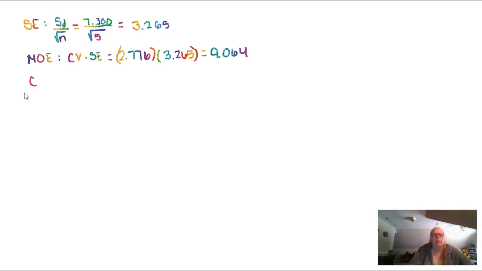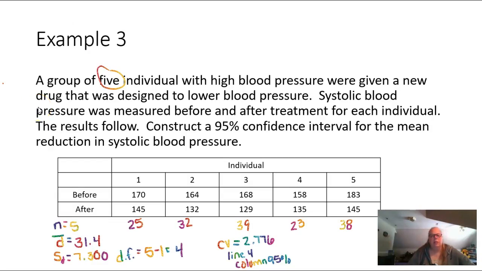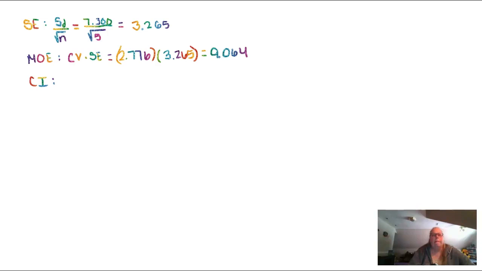All right, and now if I want that confidence interval, I am going to take my point estimate, in other words, the difference here, 31.4, and subtract off that margin of error, 9.064, and I'm also going to take that difference mean and add the margin of error.